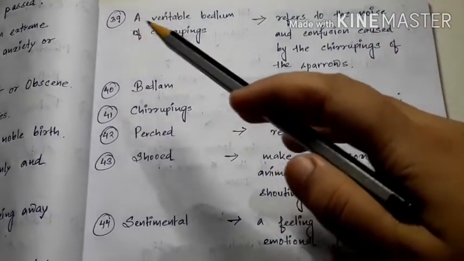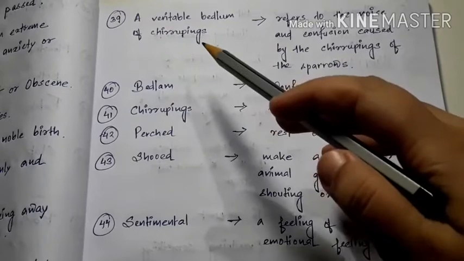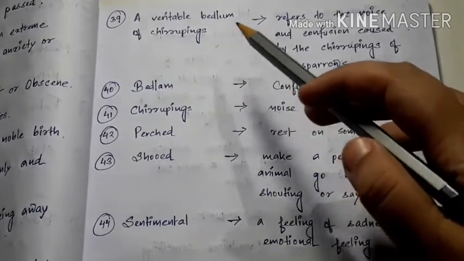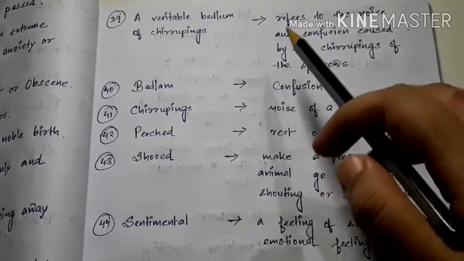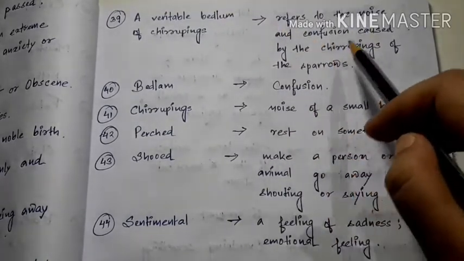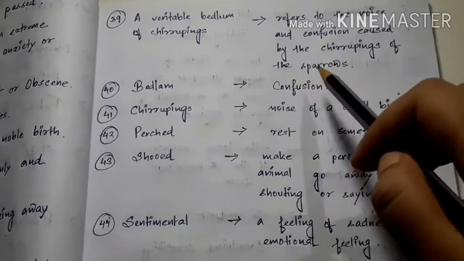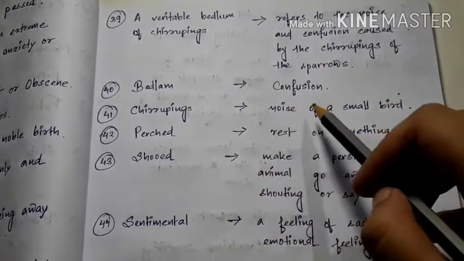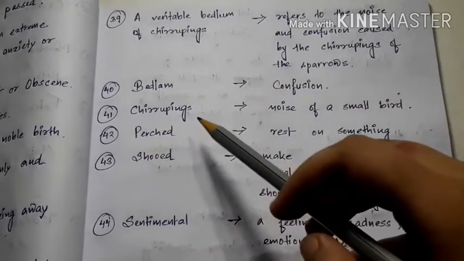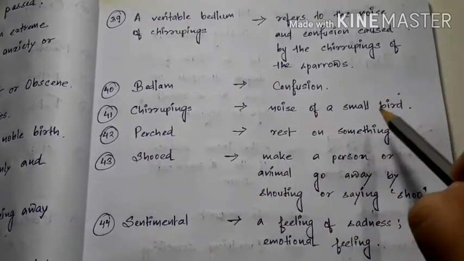Number 39, a veritable bedlam of chirrupings. This is also a phrase within the story, an expression that refers to the noise and confusion caused by the chirrupings of the sparrows. Number 40, bedlam, meaning confusion. Number 41, chirrupings, meaning noise of a small bird.